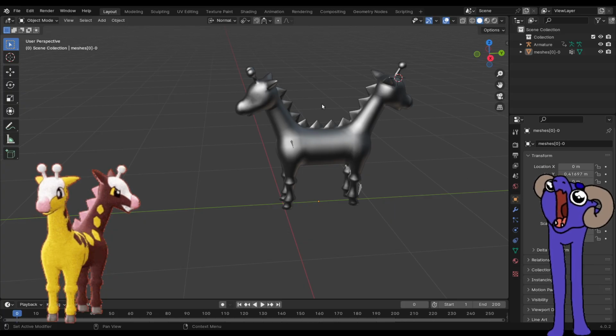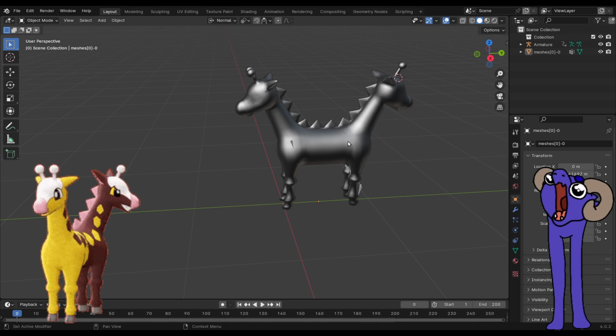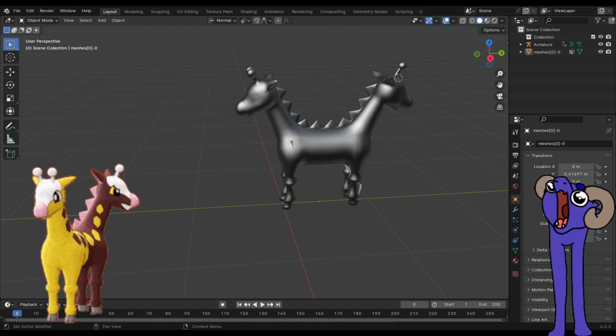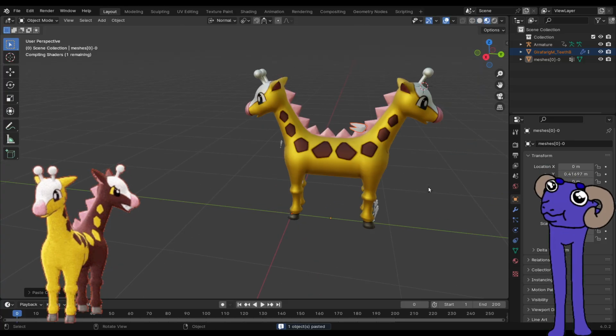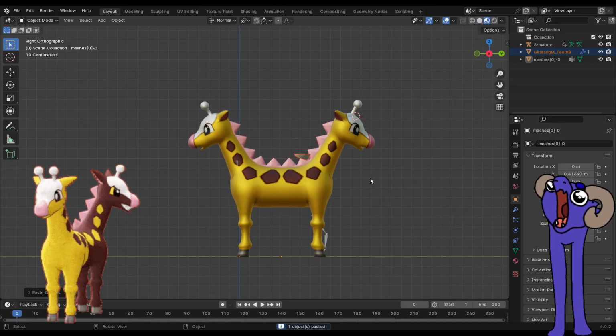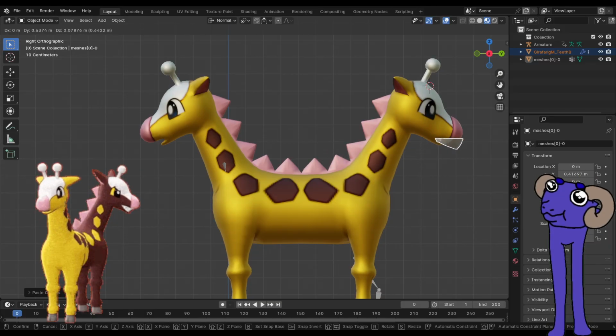I didn't copy the armature, I copied the teeth. Okay, copy and paste. Okay, we have teeth. Teeth have been acquired.